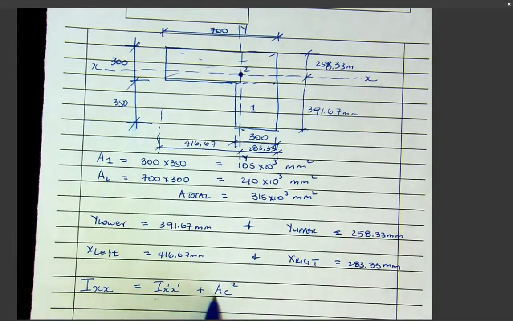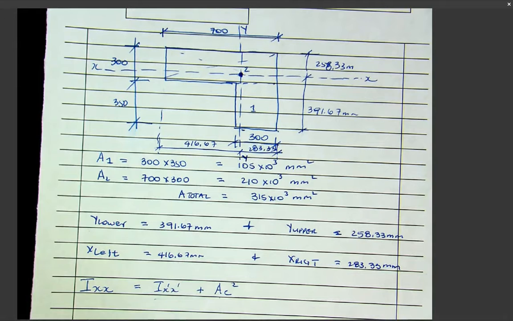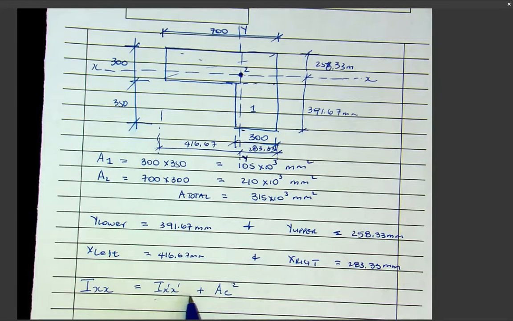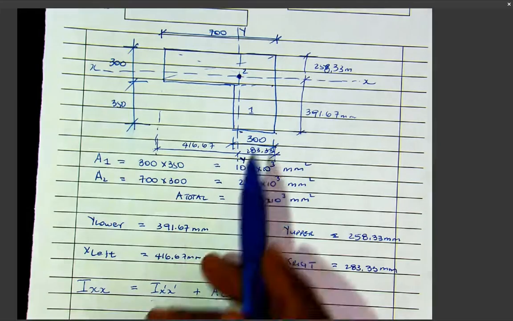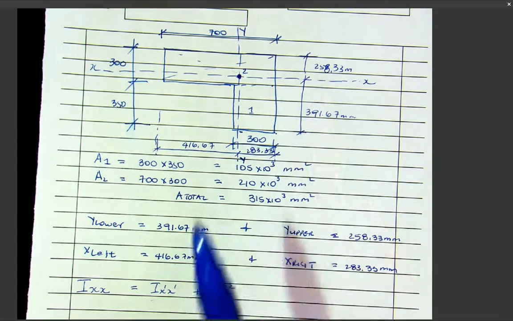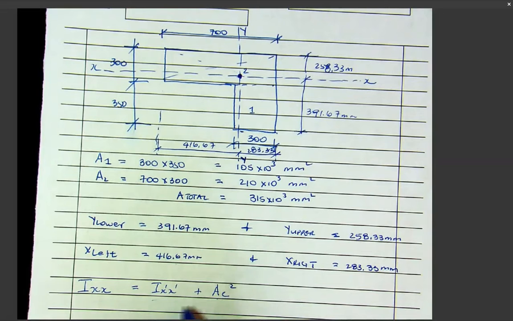So I will do this for area number 1, and then I will do the same thing for area number 2. Luckily in this case there's no opening or anything else, so it's straightforward addition of the Ixx for the areas. A is your cross-sectional area. C is the distance from the center of the area in consideration to X, because I'm calculating Ixx. I will show you just now. So let's look at area 1.